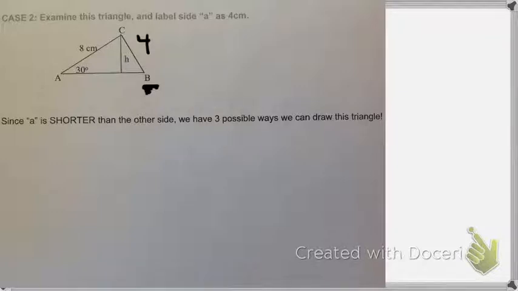The first triangle is the one shown here, already on your page. 4 could extend down to angle B. But just like you saw in the other video, that 4 could also swing out to the other side. And you may have a triangle that looks like this.